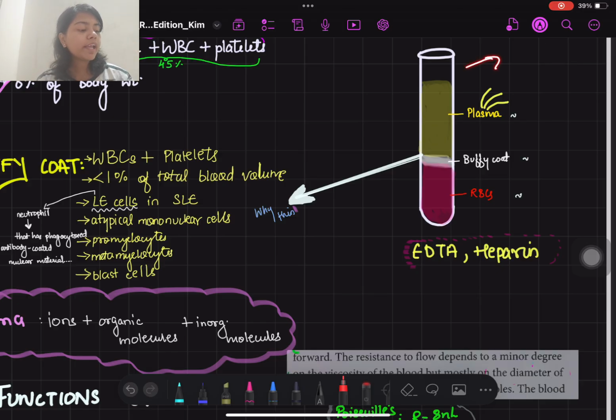Hence we'll need an anticoagulant tube for the separation of blood. Basically, calcium plays a major role in clotting. So EDTA and such agents will chelate with calcium, not allowing the blood to clot.